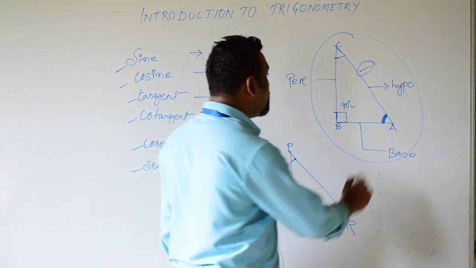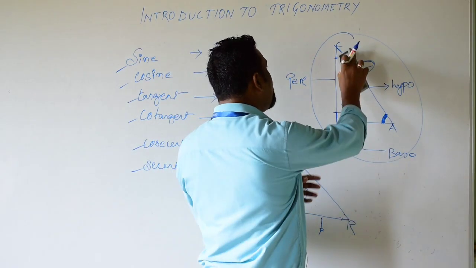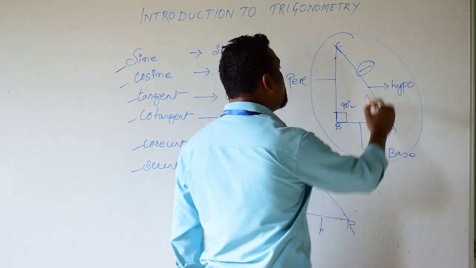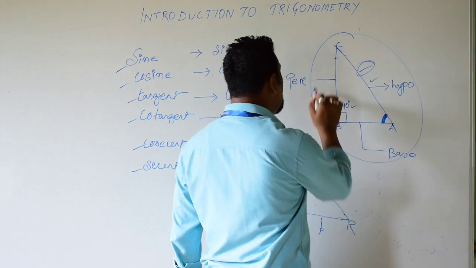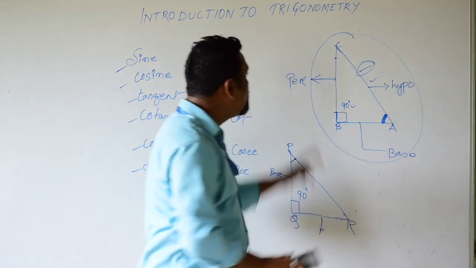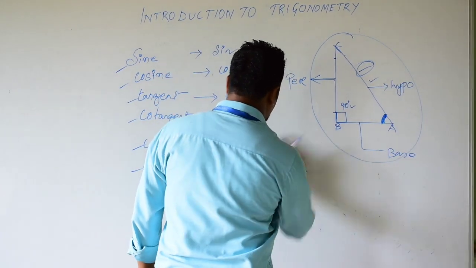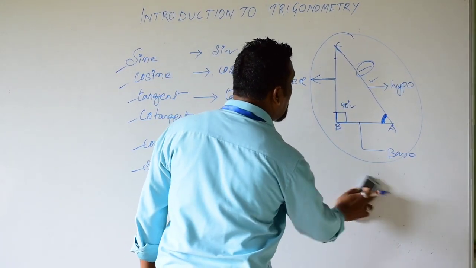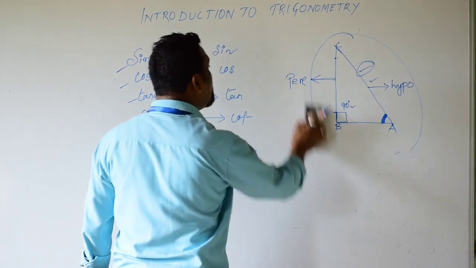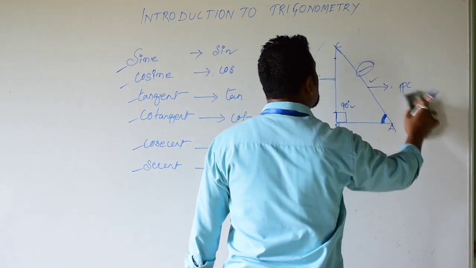Like here I have taken this acute angle instead of the earlier one, then this is becoming the hypotenuse, the base and the perpendicular. So these are the 3 things which we have in a right triangle. Now these 6 trigonometrical functions, how we relate them with a right triangle.